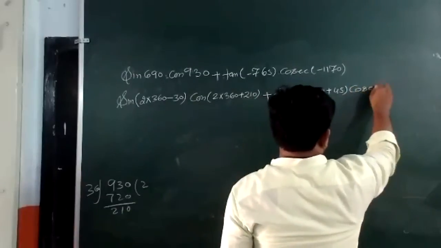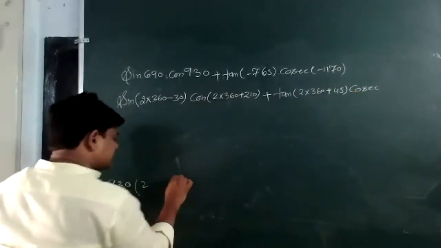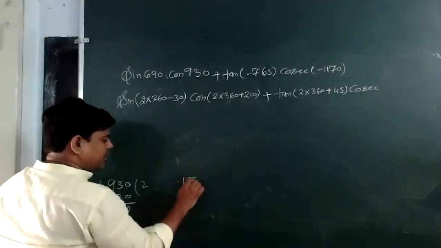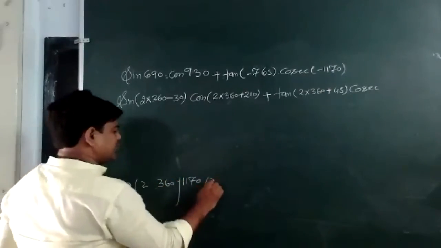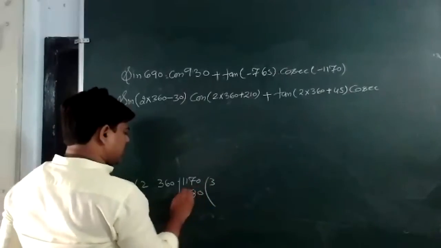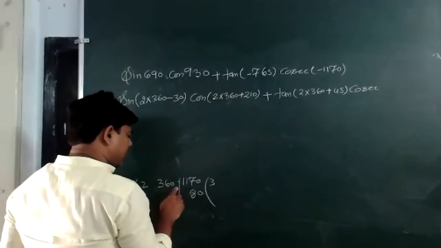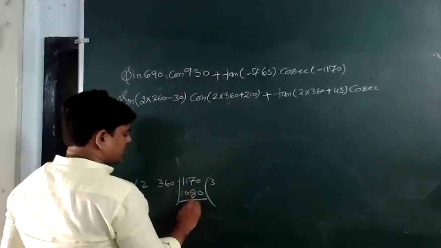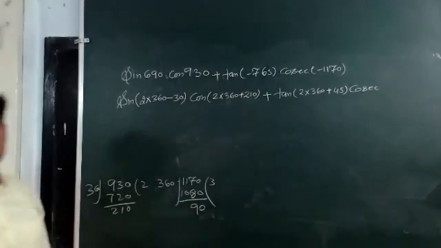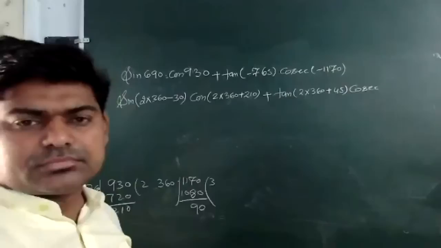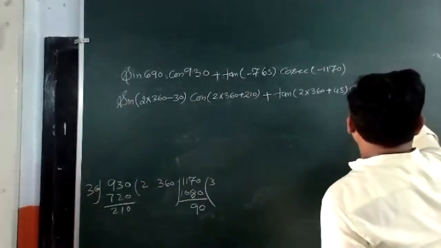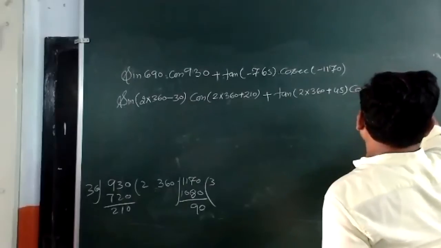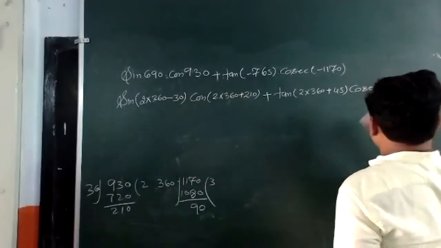And for cosec, 1170 divided by 360 goes 3 times, and I have 90 left. Any problem? So I can write 3 into 360 plus 90.